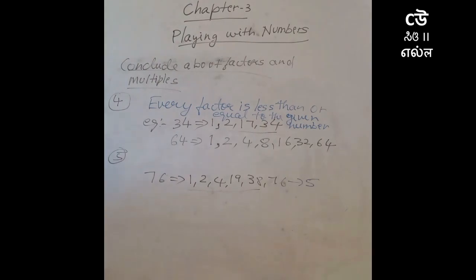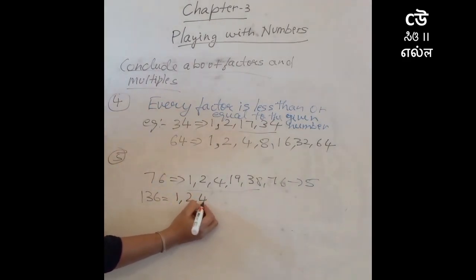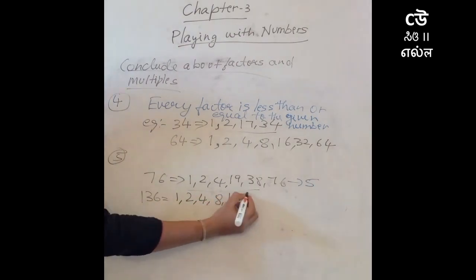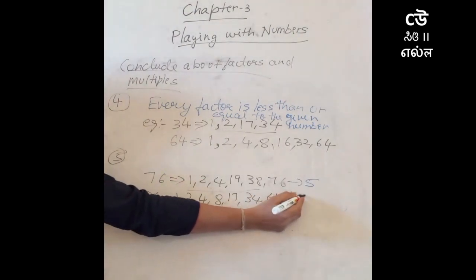Next, for 136, how many factors do you have? 136 has factors 1, 2, 4, 8, 17, 34, 68 and 136, right?